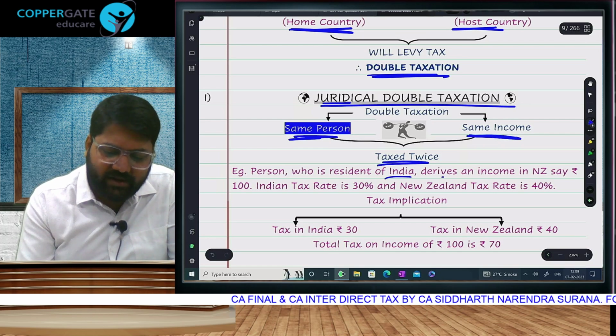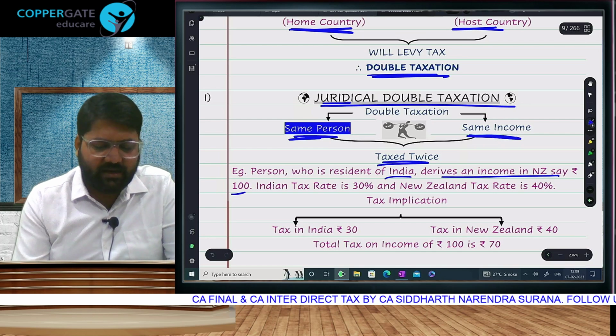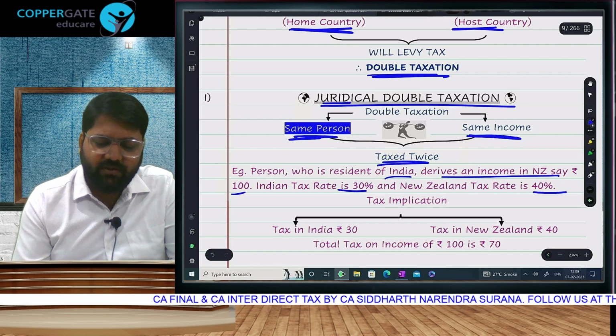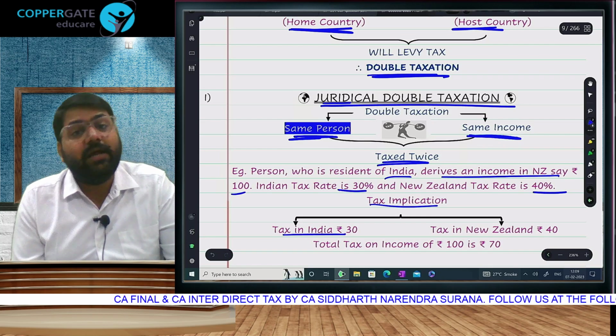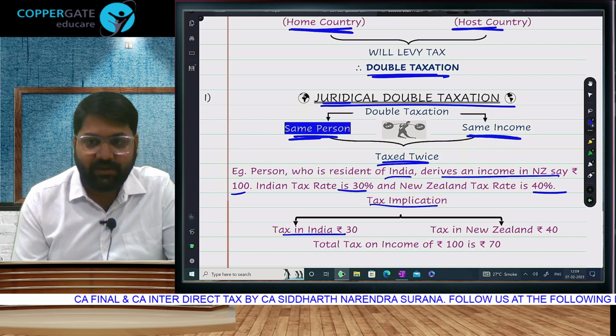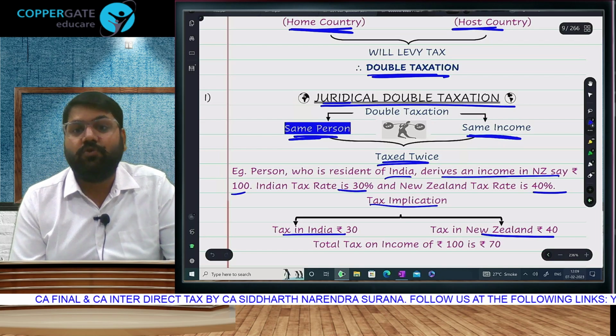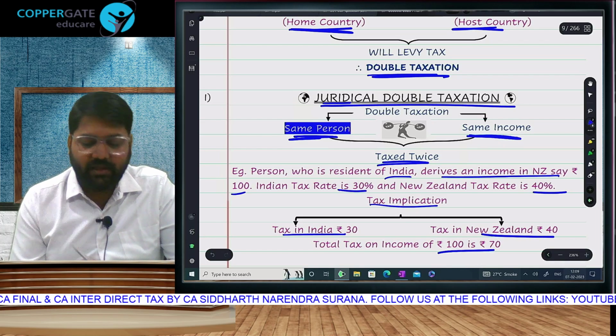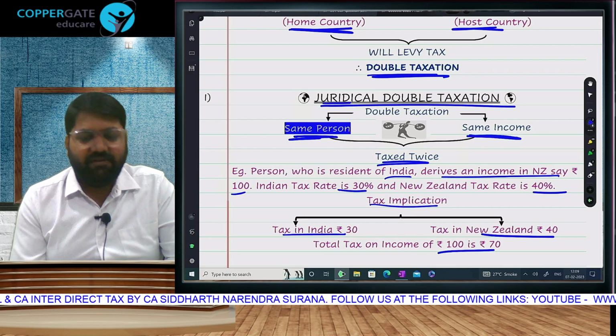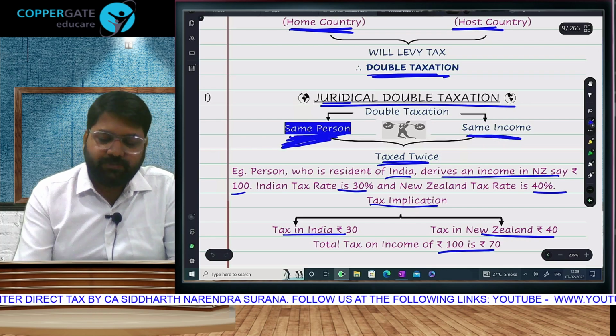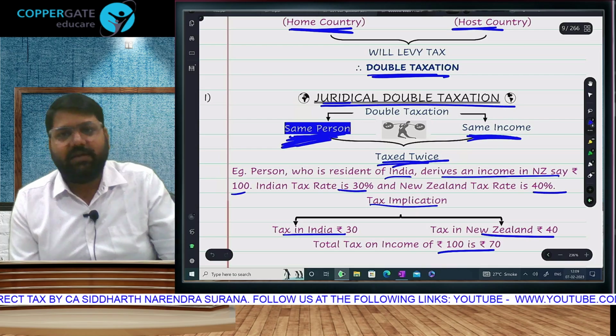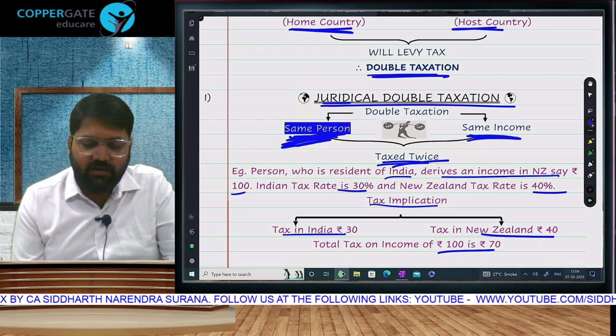Person who is resident of India, here I have written New Zealand, say 100. Indian tax rate is 30, New Zealand tax rate is 40. So tax in India, principle of residence, home country, 30. Tax in New Zealand, principle of source, host country, 40. Accordingly, the total tax on 100 is 70. Same person is paying both taxes, same person, same income getting taxed twice. That is juridical double taxation.